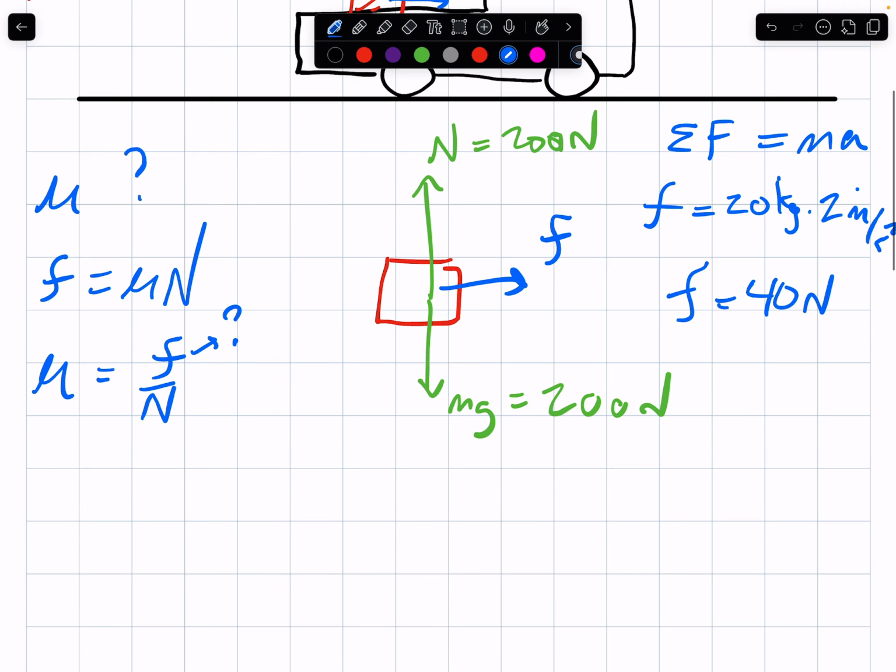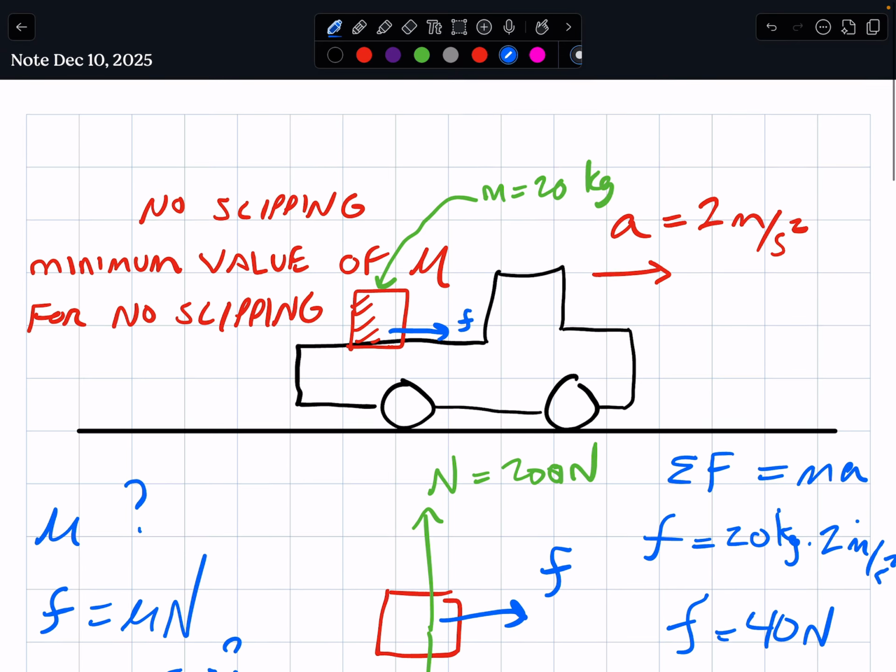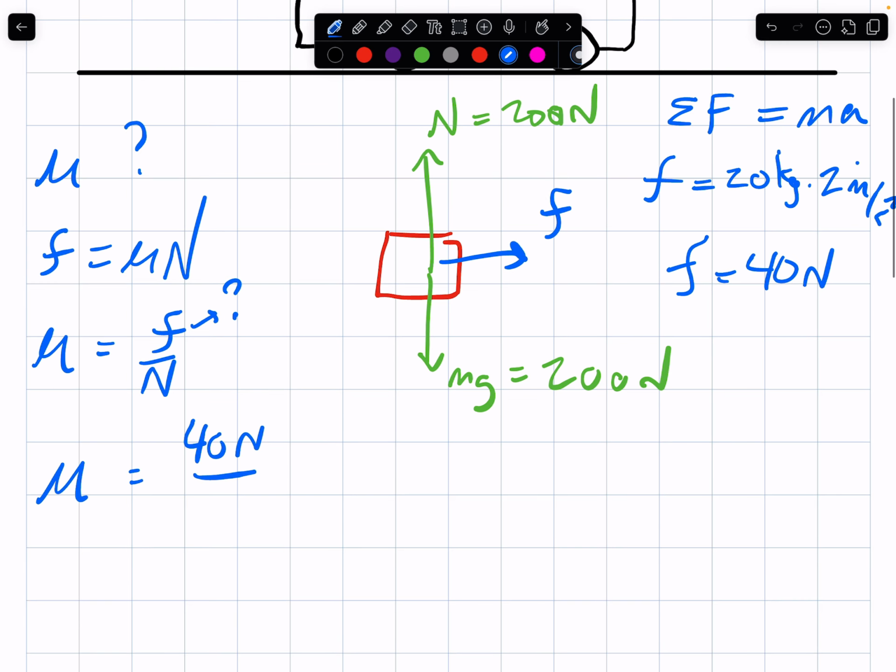And now you can solve here for mu. So mu is going to be 40 newtons divided by 200 newtons. Okay, so that's going to be 0.02.